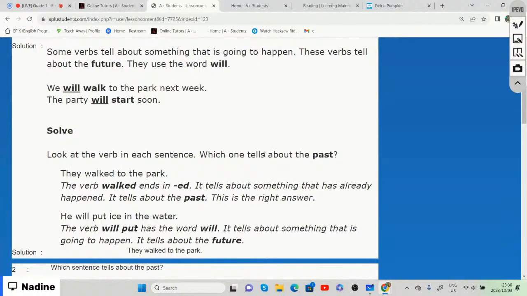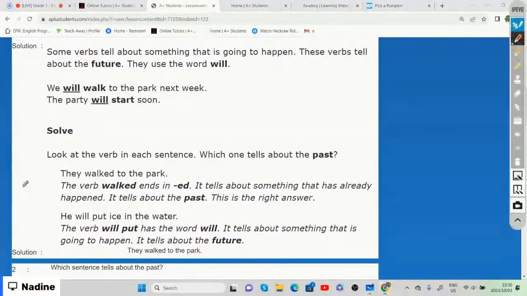And the verb is the action that takes place within that sentence, which means we will say the first one, they walked to the park. The verb walked ended in ed, and that tells us about something that already happened. That is in the past.